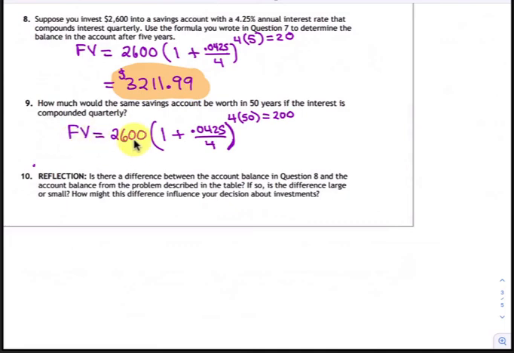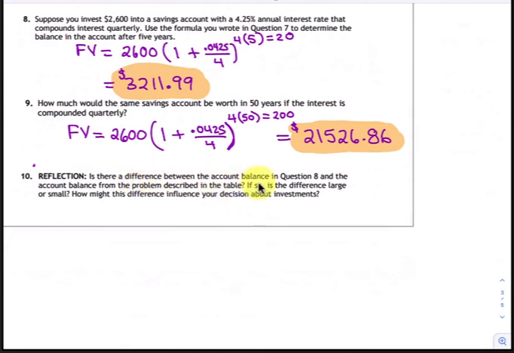Future value is 2,600 times 1 plus 0.0425 over 4 raised to the power of 4 times 50. Now 4 times 50 is 200. And then you'll just put that in the calculator. You'll put 200 in as your exponent. And you will get 21,526.86.